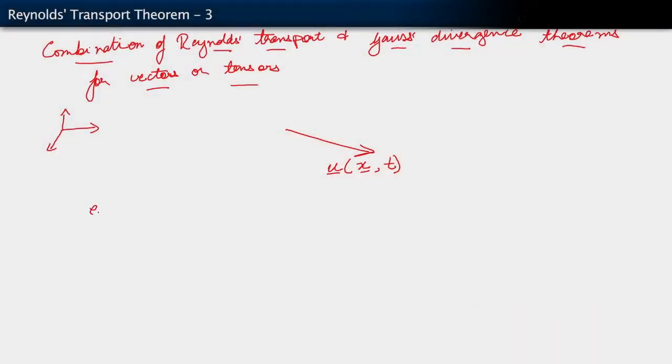Okay, so example: u of x comma t belonging to R3 is a magnetic force field.